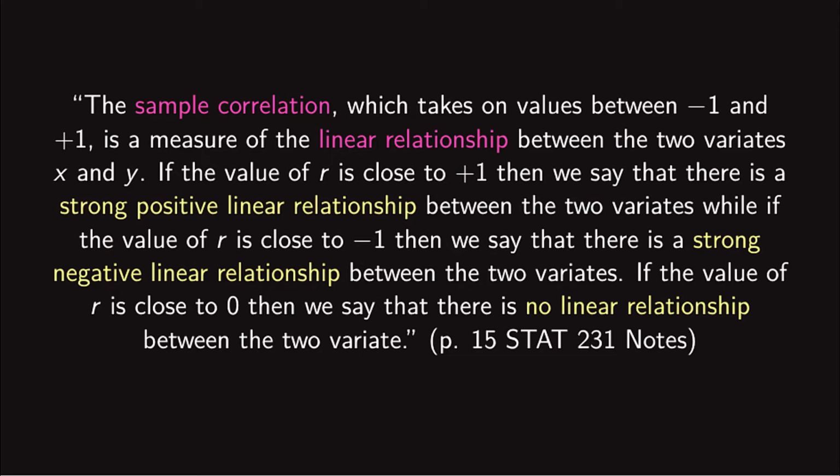If the value of r is close to +1, then we say that there is a strong positive linear relationship between the two variates, while if the value of r is close to -1, then we say that there is a strong negative linear relationship between the two variates. If the value of r is close to 0, then we say that there is no linear relationship between the two variates. With that in mind, consider the following multiple choice question.